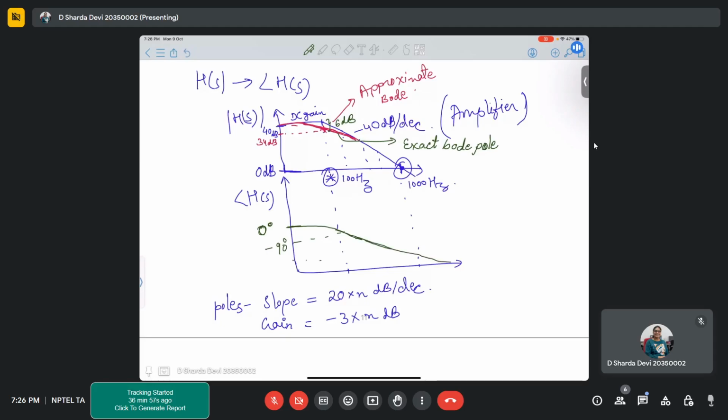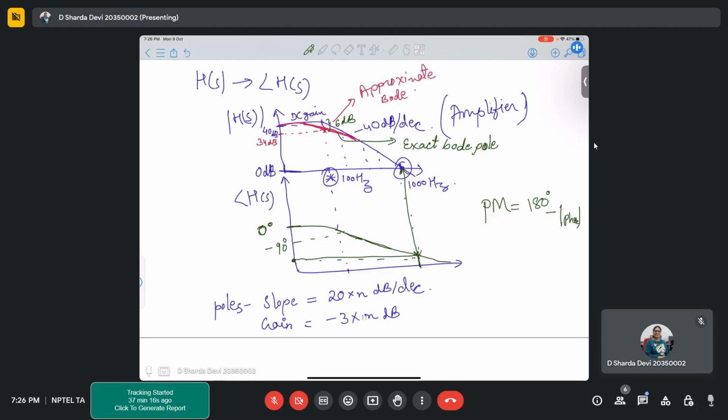So the idea is, at this particular unity gain frequency, what is the phase? Phase margin is given by 180 degrees minus mod of phase.